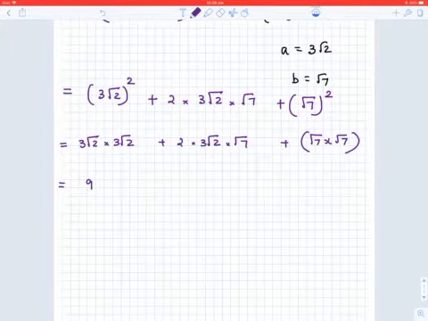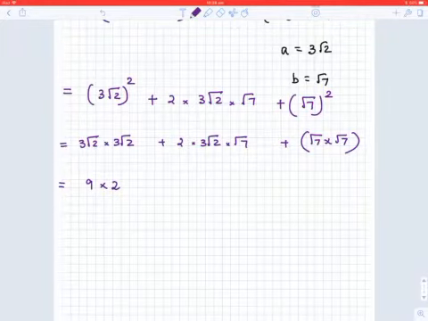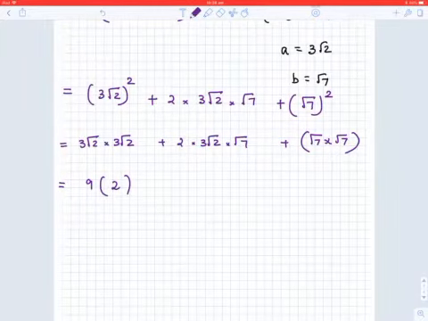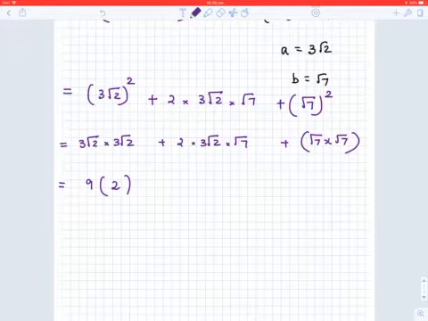Okay, so this can be written as 3 times 3, 9. Root 2 times root 2 is 2. Or if you think you make mistakes, you must put the square numbers like this.